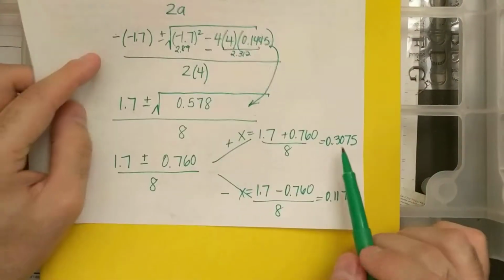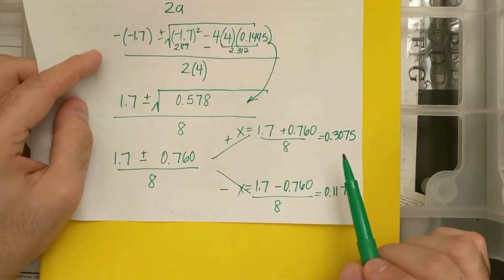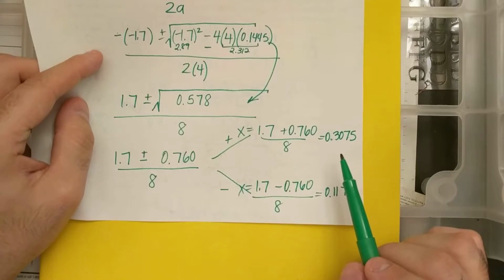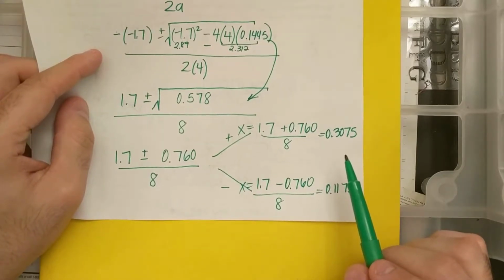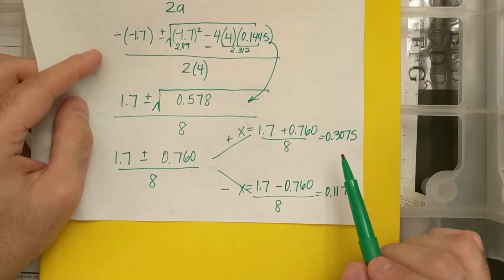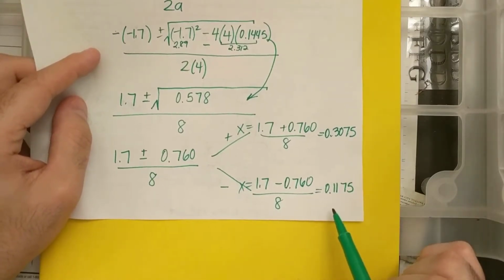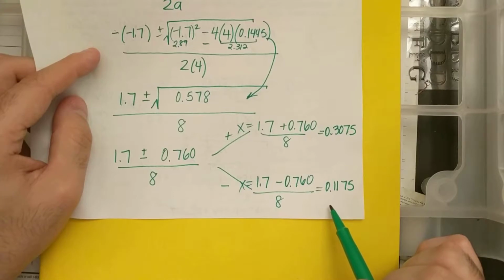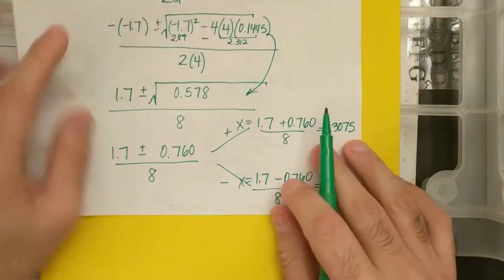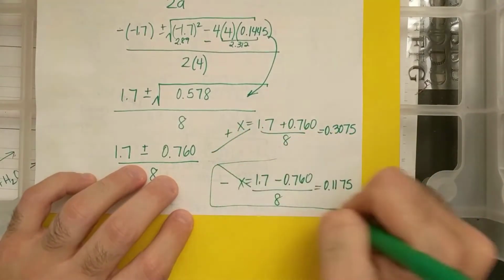If I subtract x from 0.3075, what's going to happen? If I subtract 0.17 from 0.3075, I'm going to get a negative value for reactants. That's not okay. But if I subtract 0.1175, I will get positive values. So I'm going to say I need to use this root.